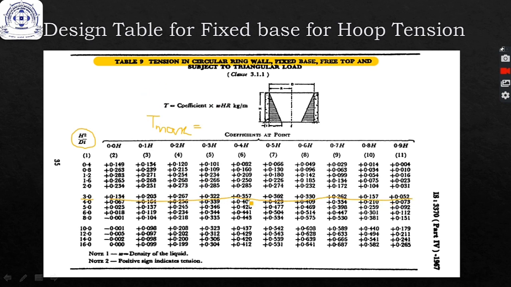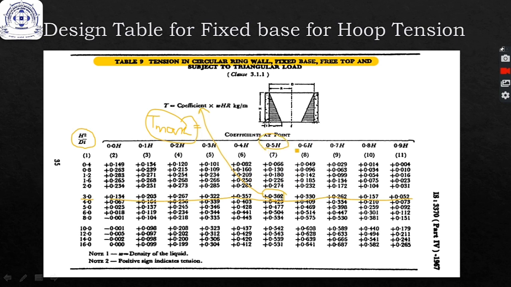As you can see here it is 0.357, here it is 0.362, and here it is 0.330. So you can easily identify the maximum value to be 0.362. We substitute this value in place of the coefficient and multiply with gamma into H into D by 2, and we get T maximum. And you can see here that this maximum value is at 0.5H.